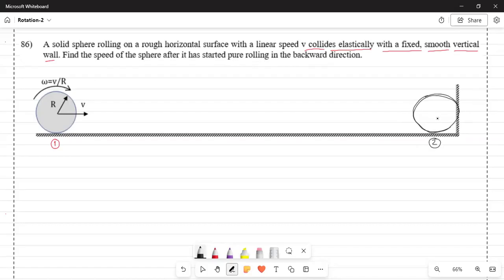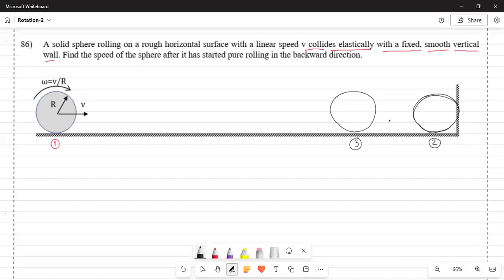Okay, this is the collision. After collision, what will happen? Since it's an elastic collision, it will move backward. So let us say this is position 3, when it is moving backward.